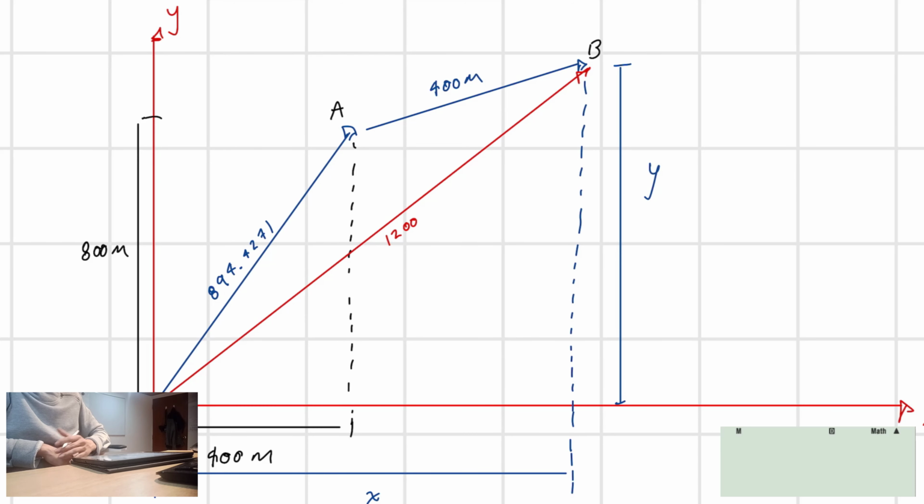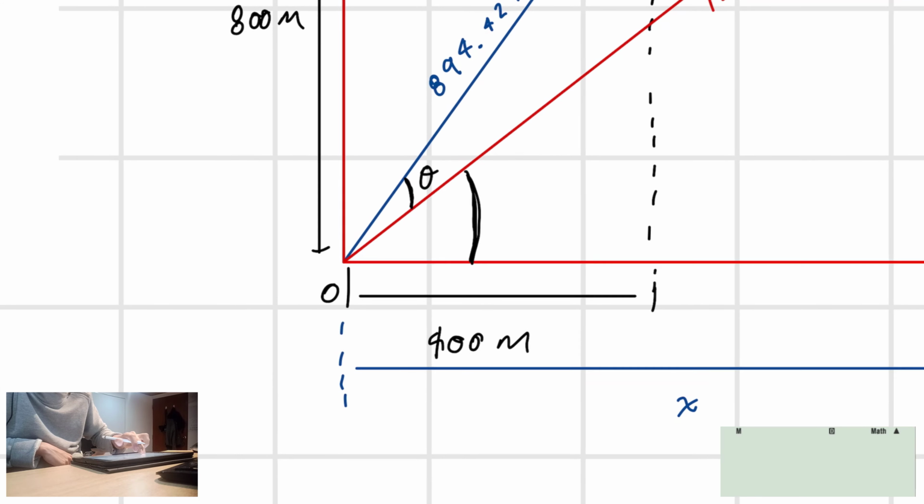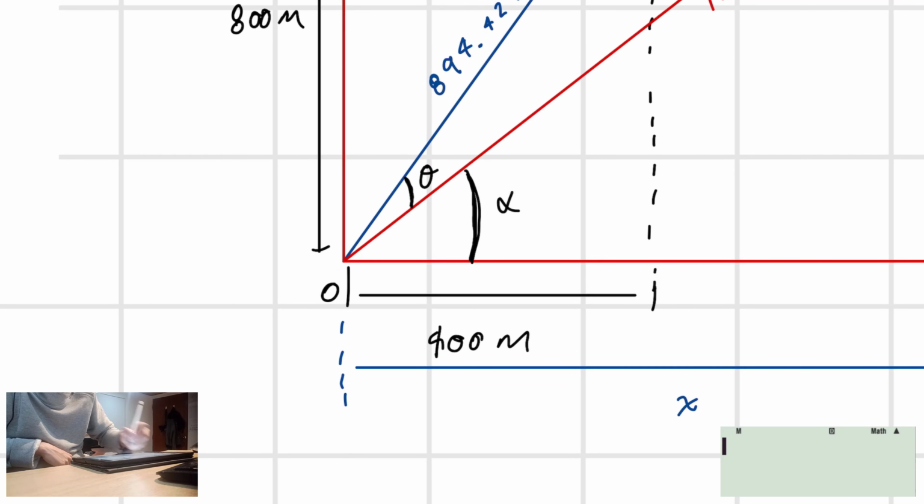Now, for me to have those two values, I need this angle and this angle. For example, this angle I'm going to call it theta, and this angle I'm going to call it alpha.